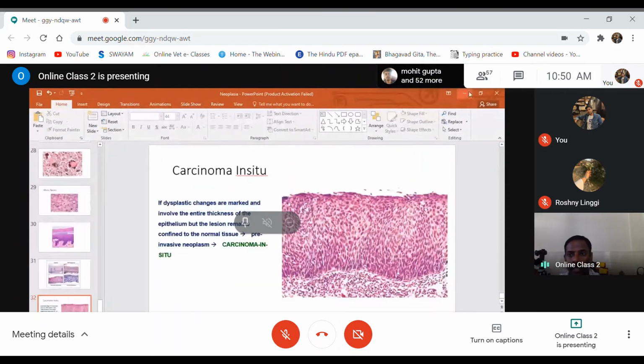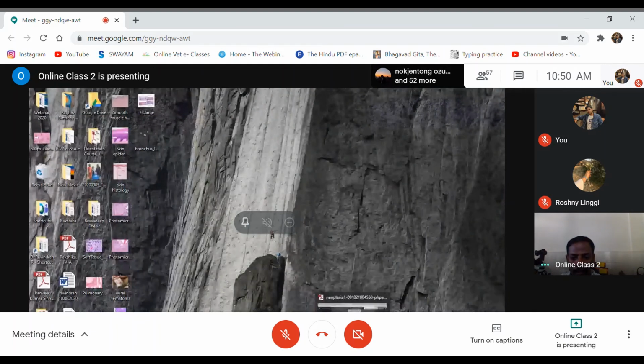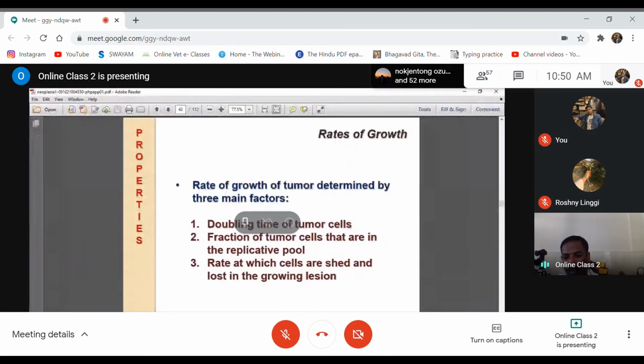Then the next feature is rate of growth. When you come to the rate of growth, is the slide visible? Yes, sir. Okay. So the next feature is rate of growth.